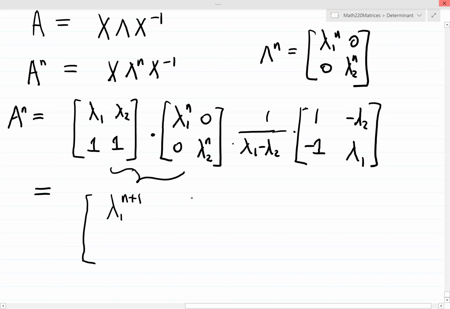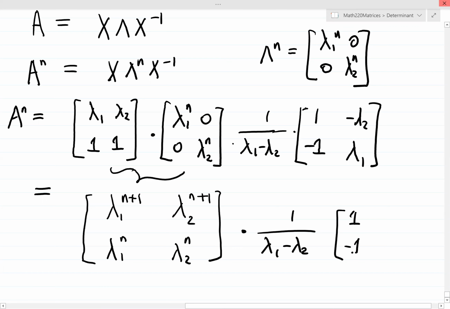The first row times the second column gives lambda 2 to the power n plus 1. Then the second row times the first column gives lambda 1 to the power n, and here lambda 2 to the power n. Then multiply this matrix by 1 over lambda 1 minus lambda 2.